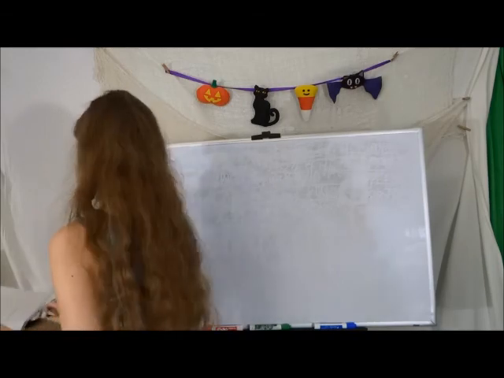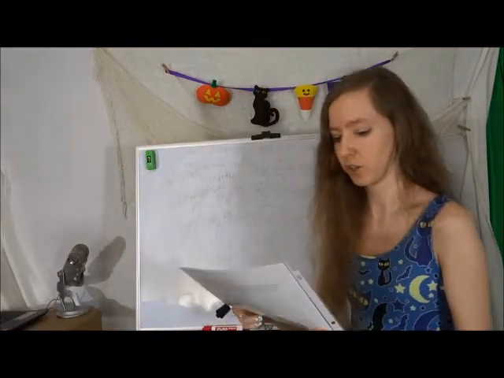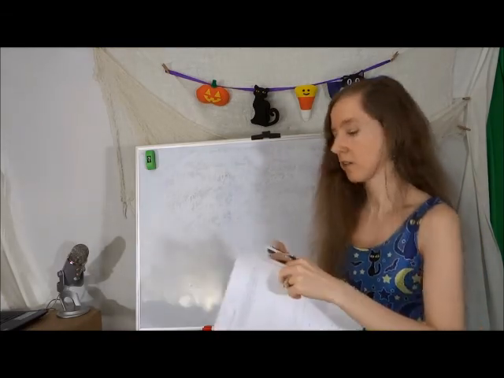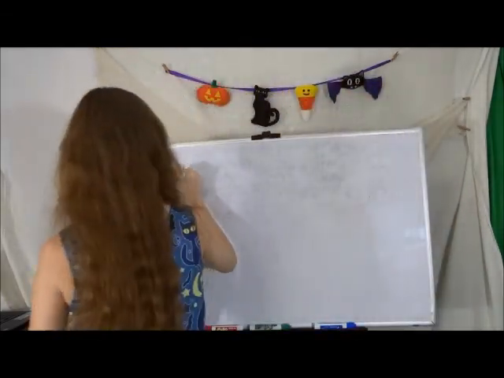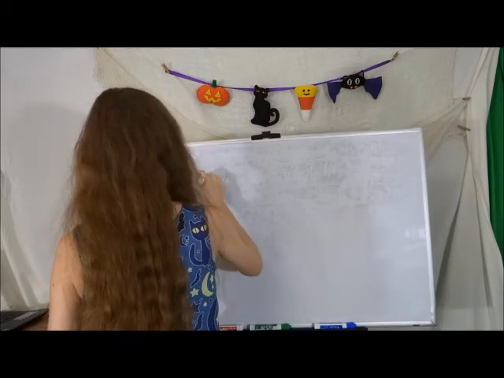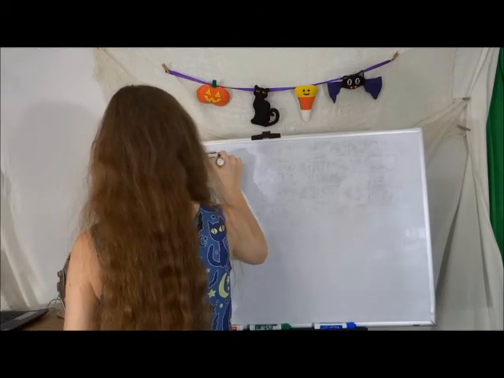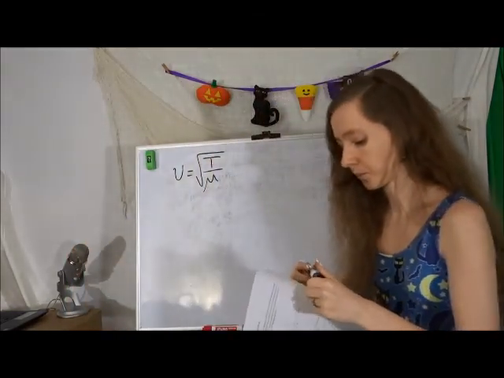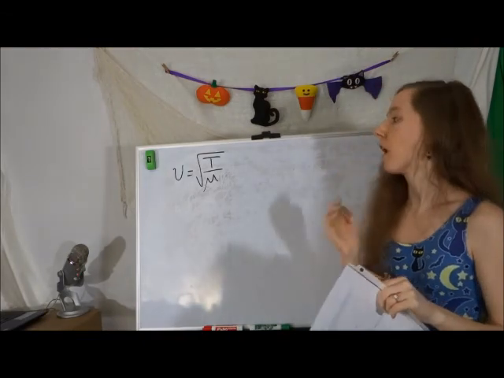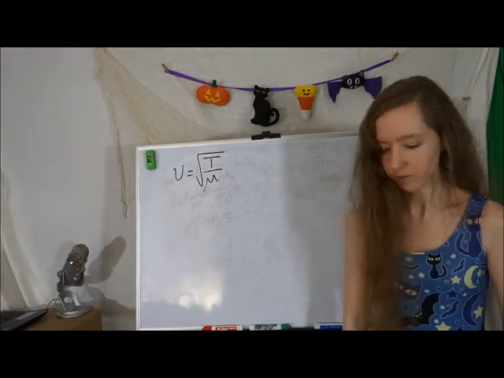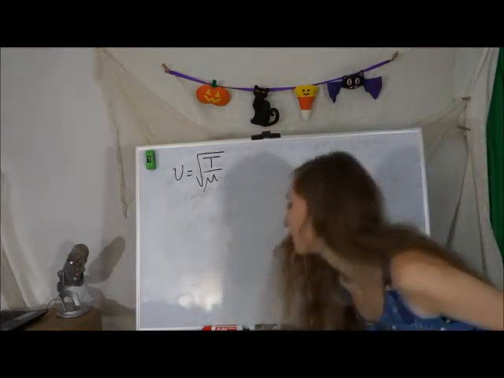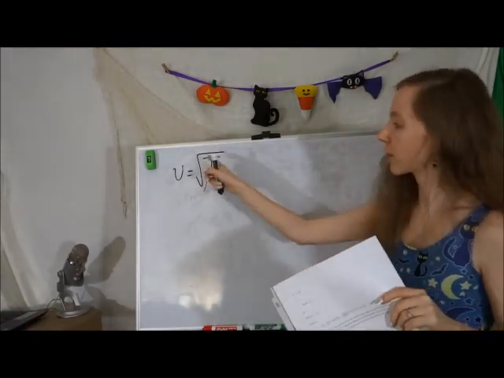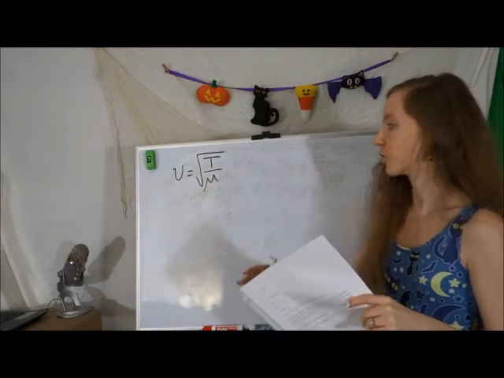So this week's lab is going to be on wave speed versus tension. And we learned last week that if we have a wave on a string, the wave speed is related to the tension and the linear mass density. So it was equal to the square root of the tension divided by the linear mass density. Now, if we're thinking about what we're going to want to plot when we do this in lab, we're going to want to rearrange this a little bit because this isn't convenient to plot.